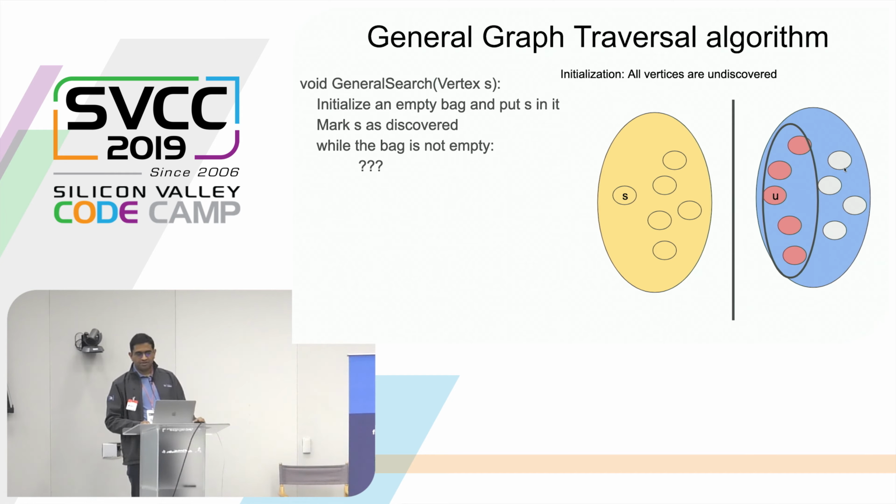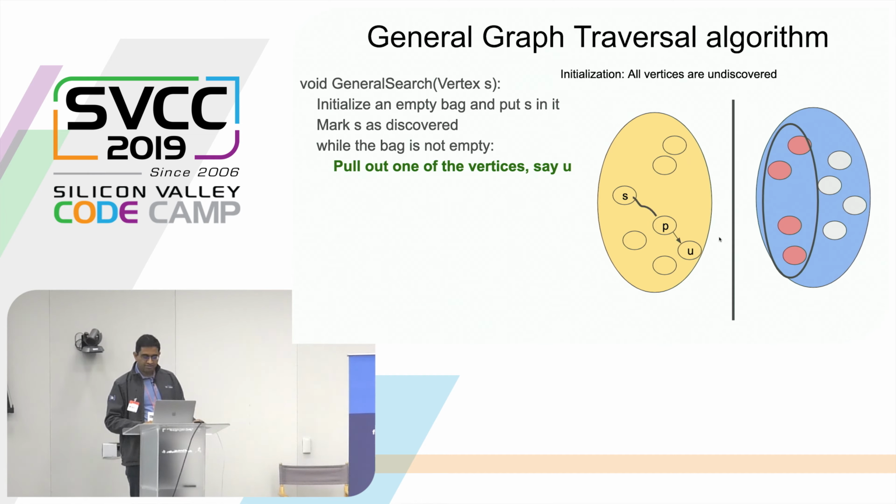At each step, what we are doing is we are choosing some vertex U from the bag to pull out. We drag it out by pulling on an edge from one of the vertices that are ashore, leading up to that vertex U. Now this vertex P is going to become the parent of U once U is dragged ashore.